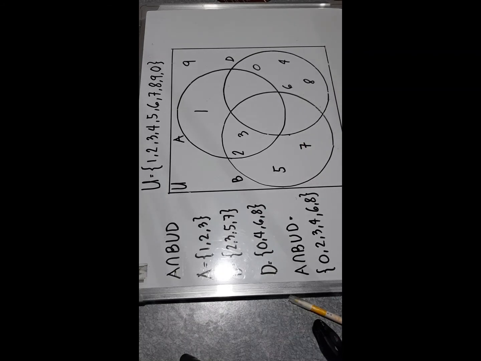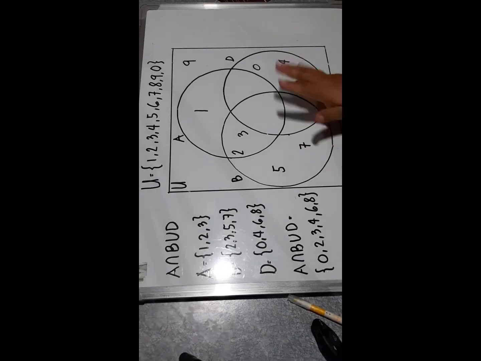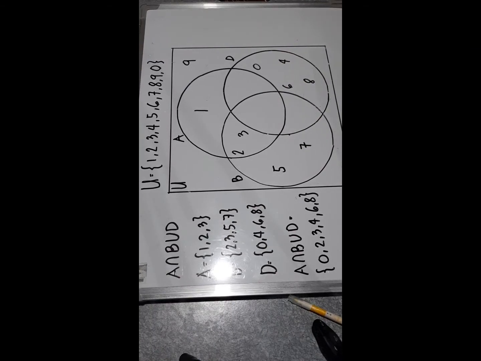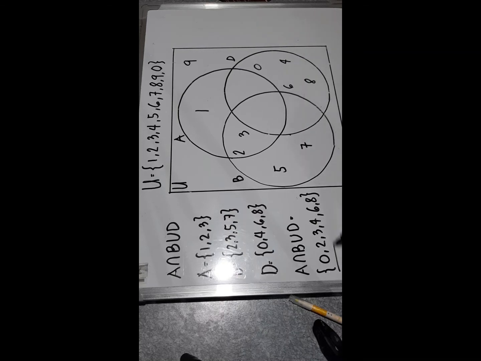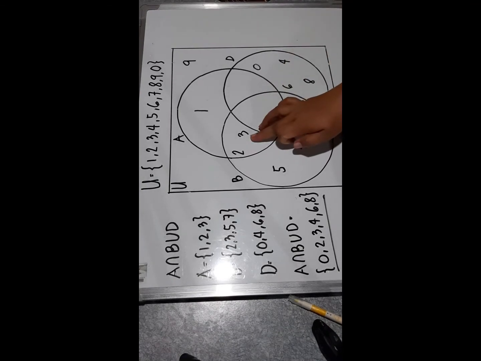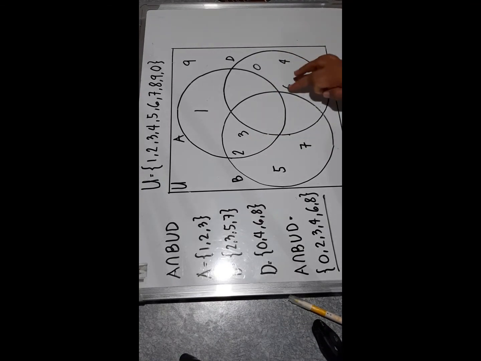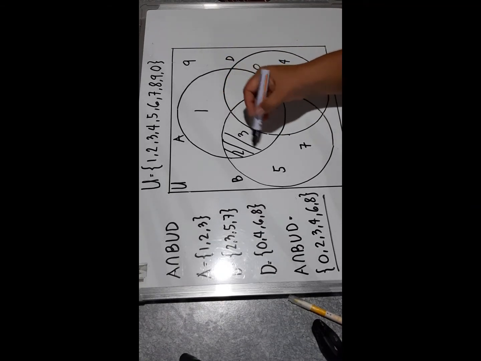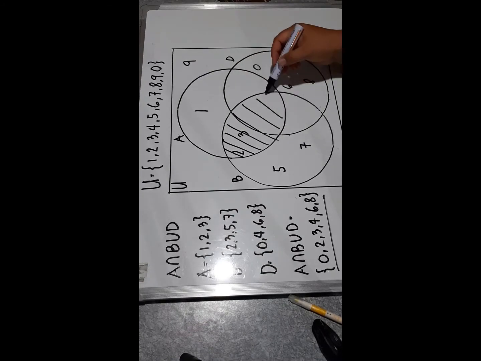So, as I have said, in the Venn diagram, we are going to shade the portion that represents our final answer. So, here we have 0, 2, 3, 4, 6, 8. Or the entire letter D plus 2 and 3. So, we shade this portion.